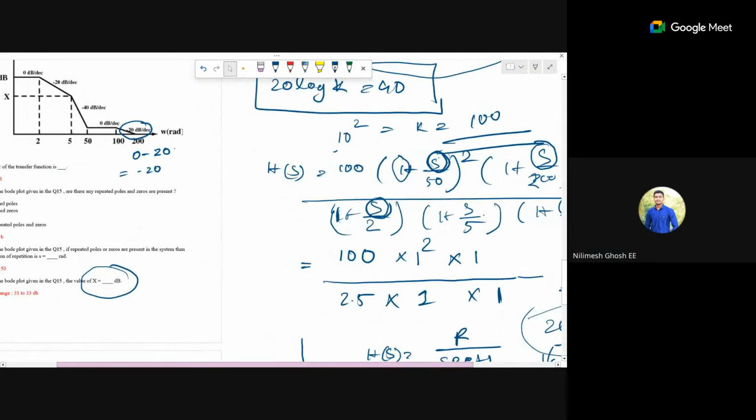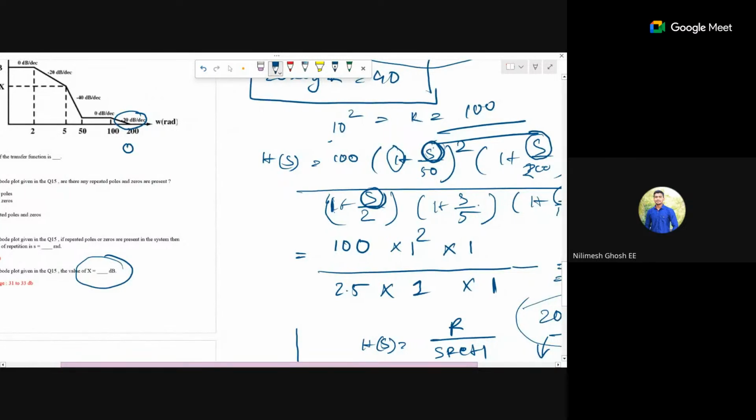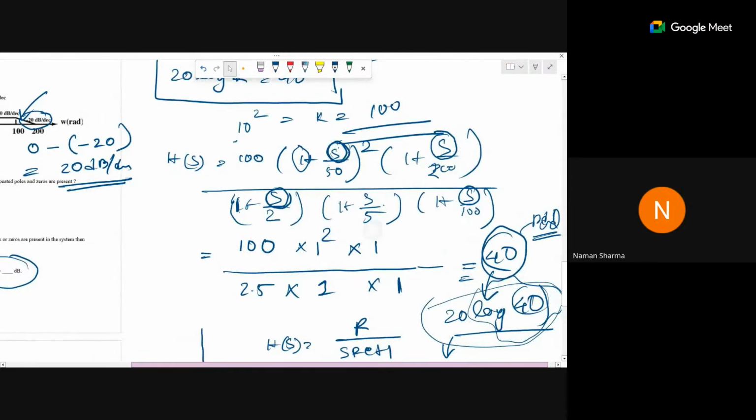It is a negative slope, right? Yeah, this is a negative slope, and the change is positive, so obviously a zero should come. So the zero is coming. Okay, got it.